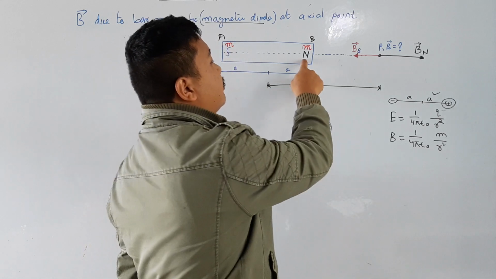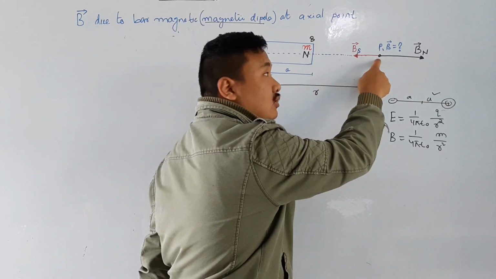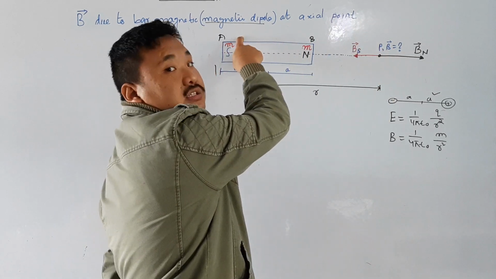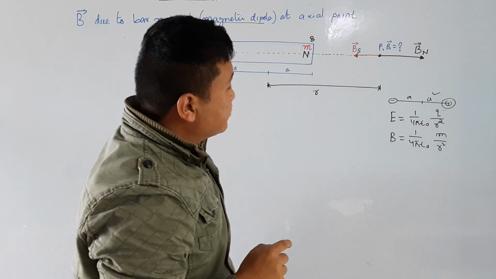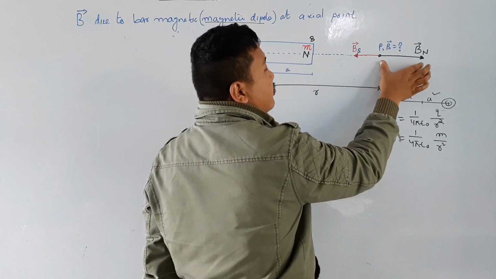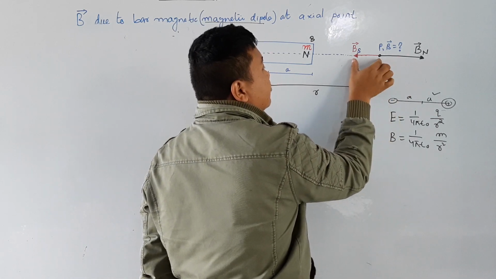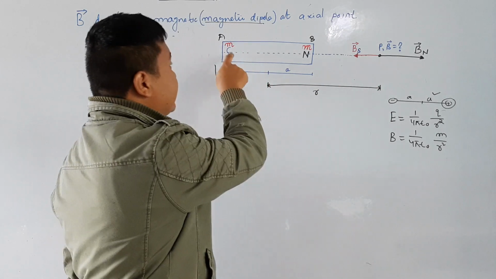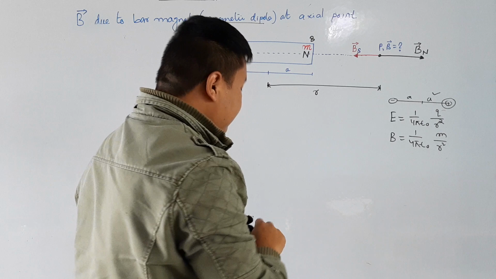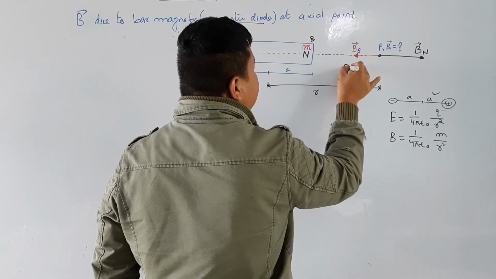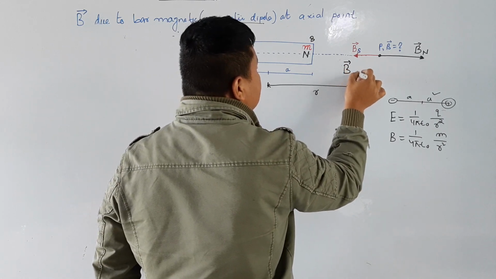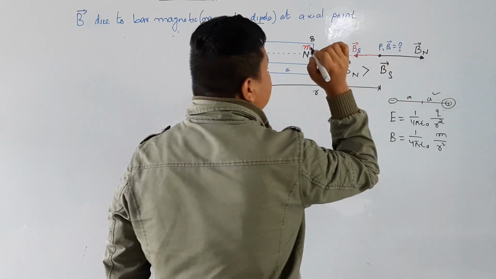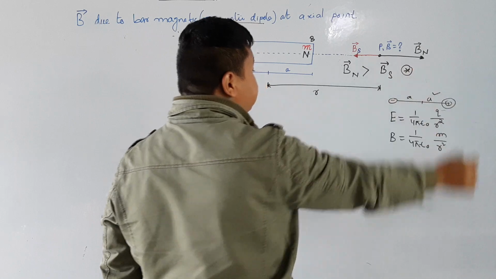Because the north pole is very close to this point as compared to the south pole, right? So the magnetic field due to the north pole is large and due to the south pole is smaller, because this is very far. So the magnetic field due to the north pole is greater than the magnetic field due to the south pole. Very important concept, okay?